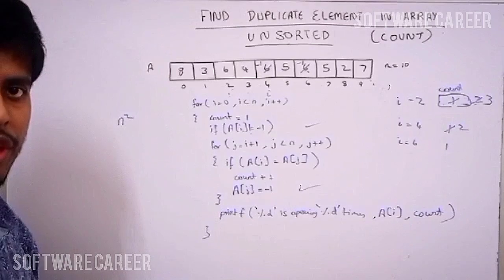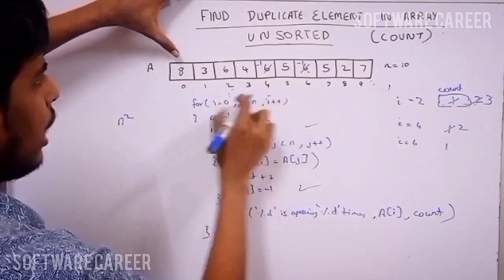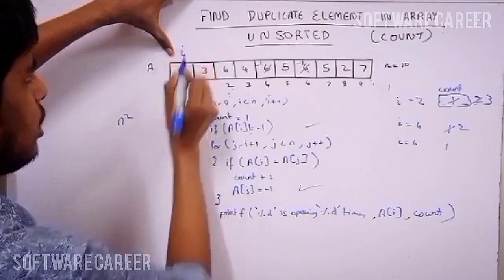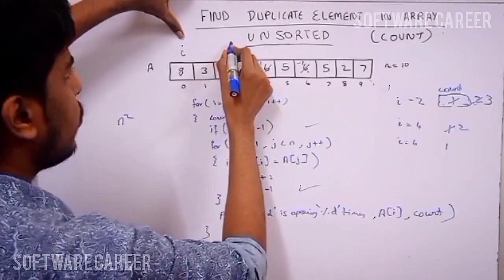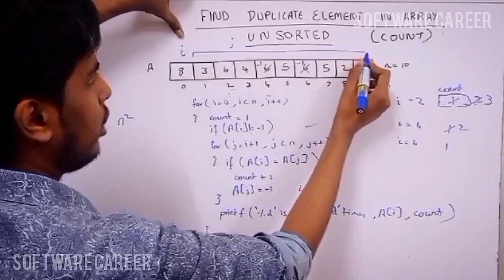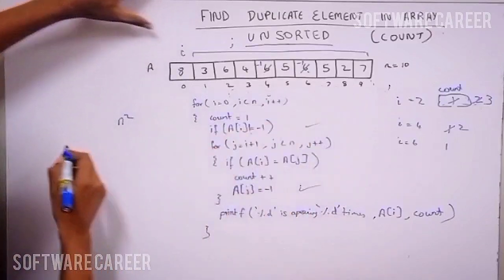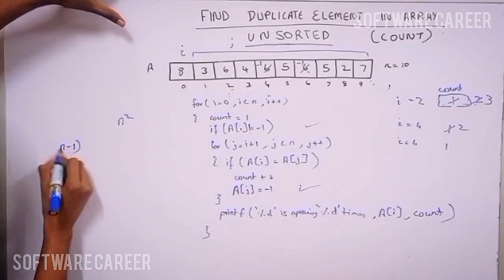Now the other method for finding time complexity is like this. When i is at this position, and j is moving from 1 to 9, then this travel is n minus 1 times at the start.